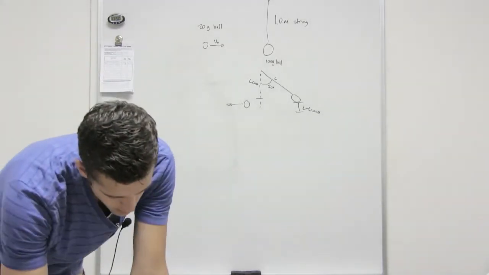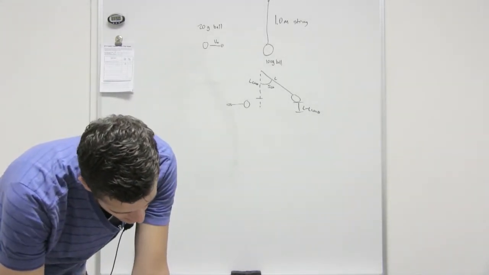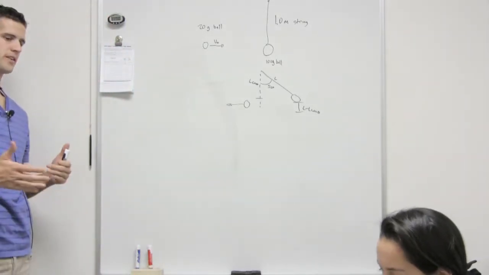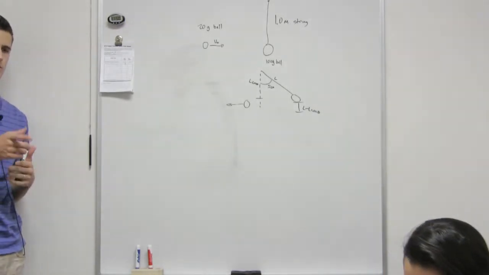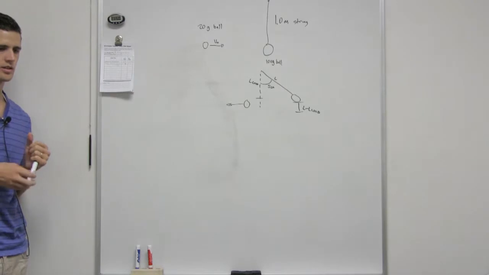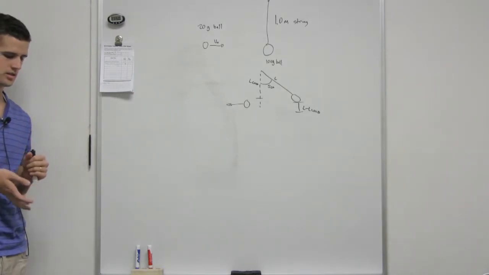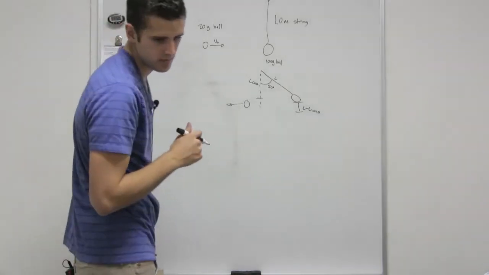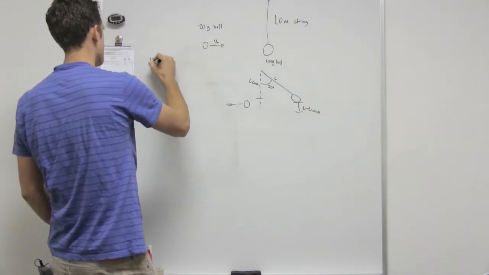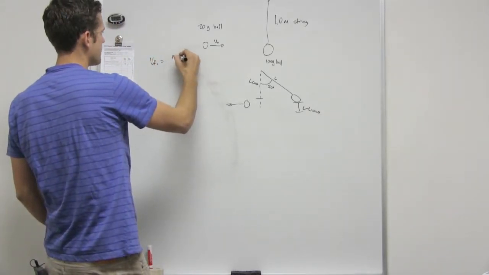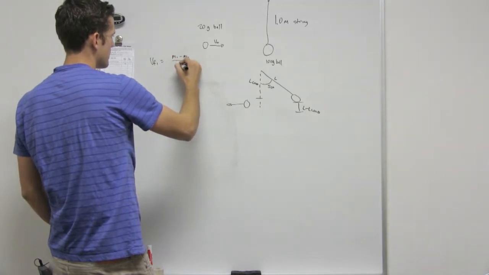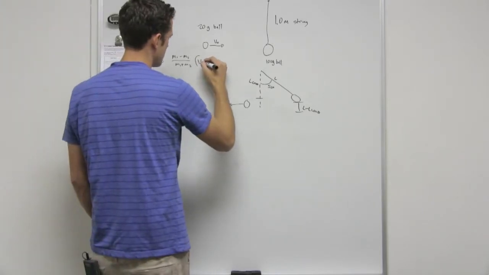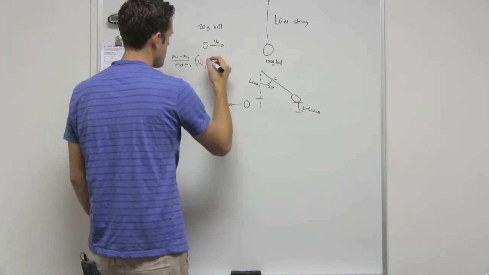Yeah, momentum is a part of it, but do you remember, perfectly elastic collisions? Whenever you see that something has a perfectly elastic collision, those are the equations you want to look to. So perfectly elastic, V final is equal to M1 minus M2 divided by M1 plus M2, that's V final of 1, times V initial of 1.